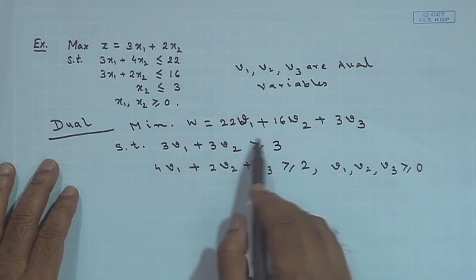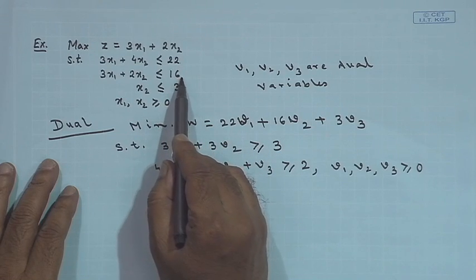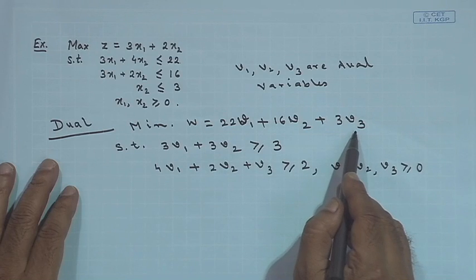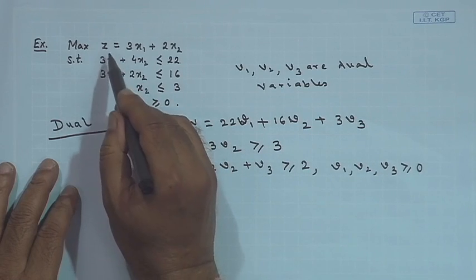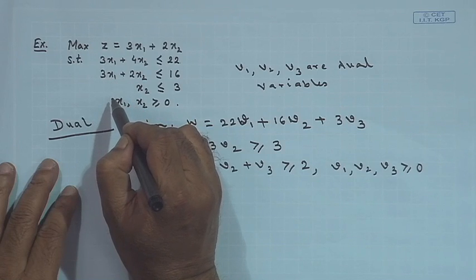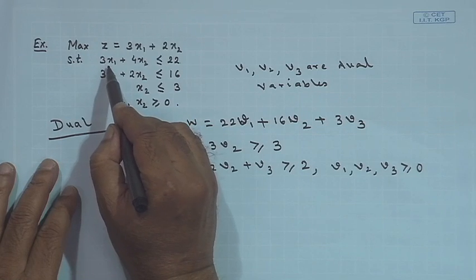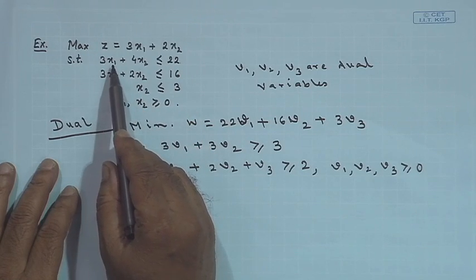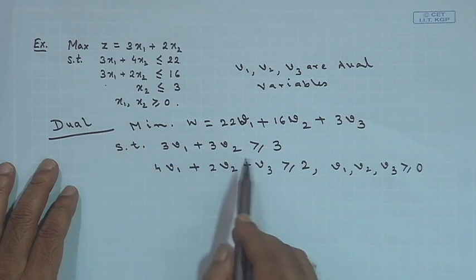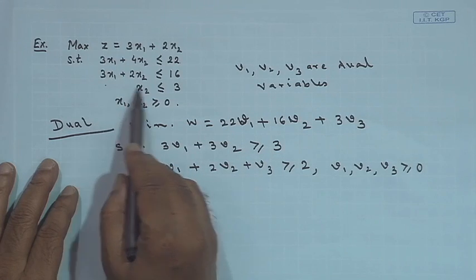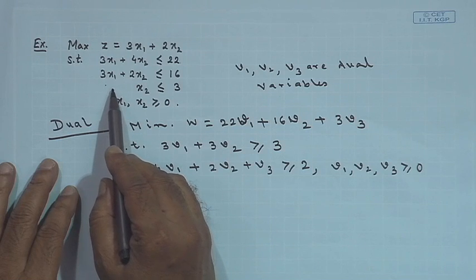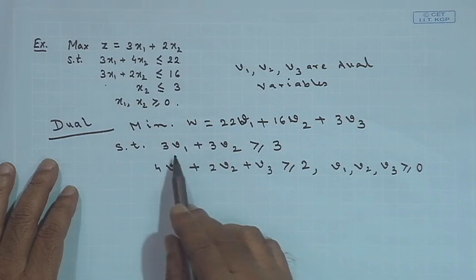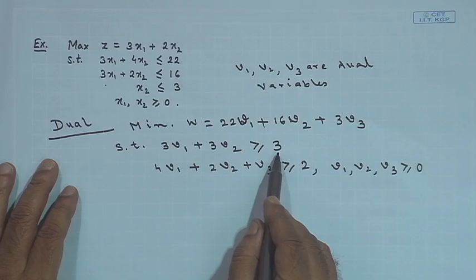Since you have 3 constraints, I am writing 22 V1 plus 16 V2 plus 3 V3, subject to, for the first column of the constraints, you will take the coefficients. Here it is 3 V1 plus 3 V2. For the third constraint the coefficient of x1 is 0. So, 3 V1 plus 3 V2 greater than or equal to 3.